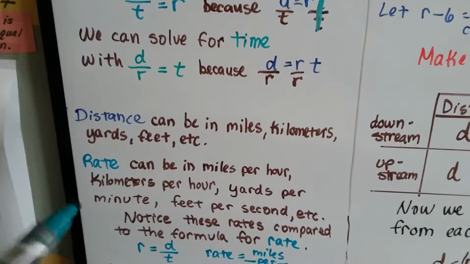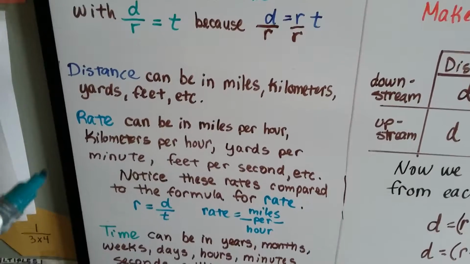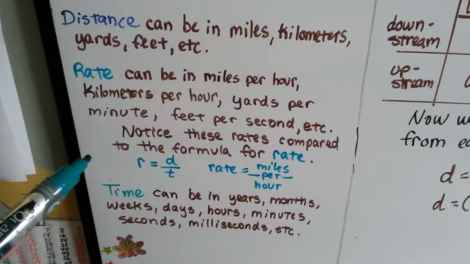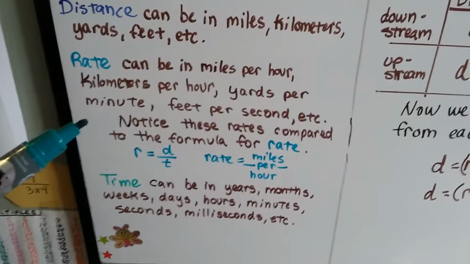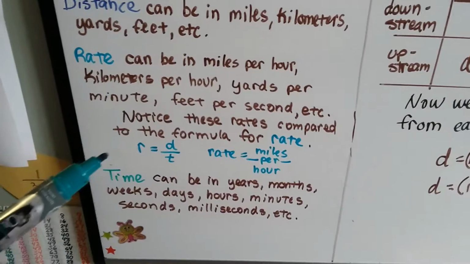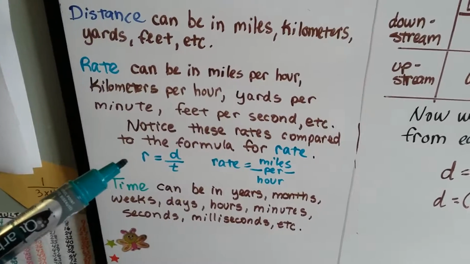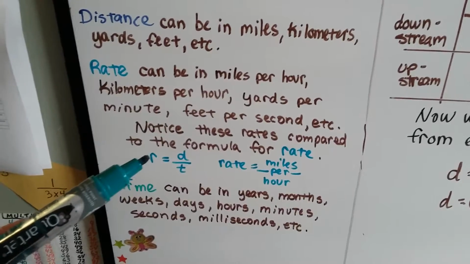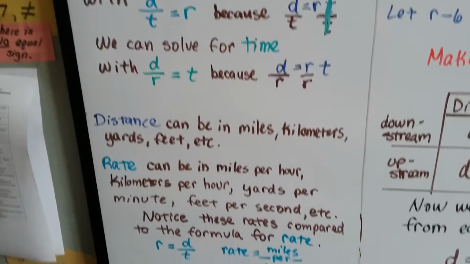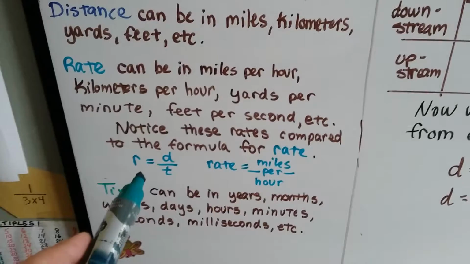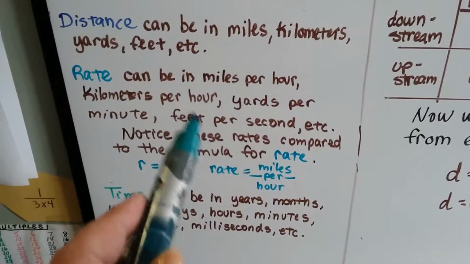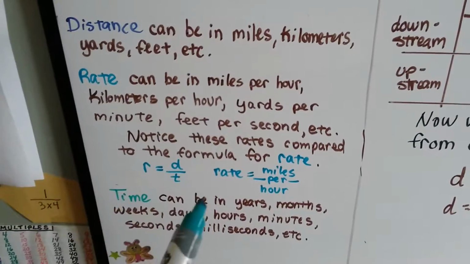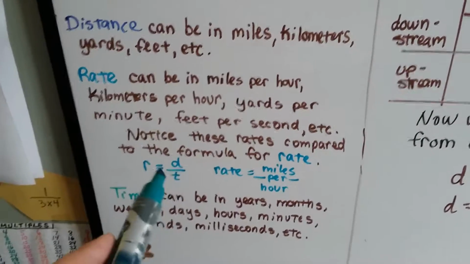Now, distance can be miles, kilometers, yards, feet, etc., and we talked about this in the last video. And this is what's interesting about the rate. The rate is how fast you're going, the speed, like miles per hour, kilometers per hour. And the formula to solve for it would be r equals d over t, like we just talked about right here, right? Now, if you look at this formula, we're taking the word per from our rate words, and that's actually the fraction line.